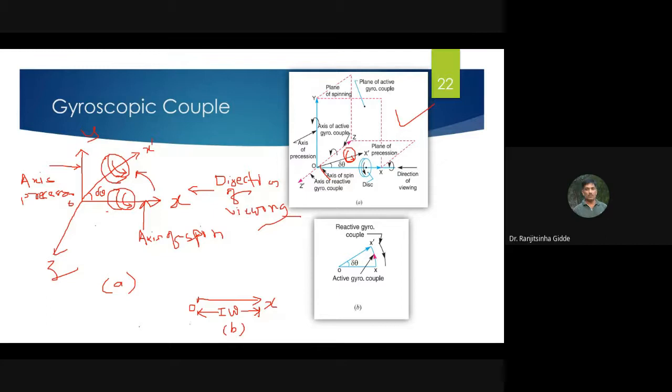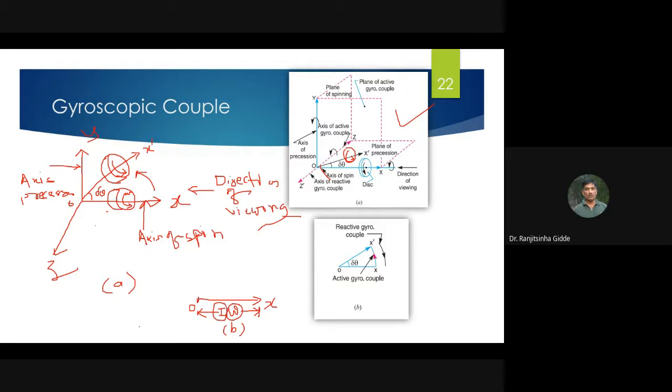Then what we have assumed, though this axis of spin is rotated through delta theta in delta t time, this omega is constant. Now omega is constant, so will the mass of the disk change? No. So that's why the mass moment of inertia is also constant.